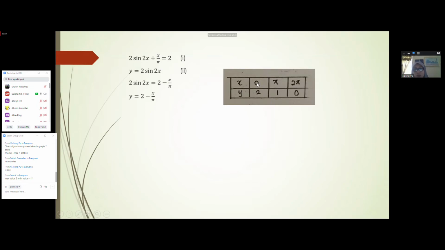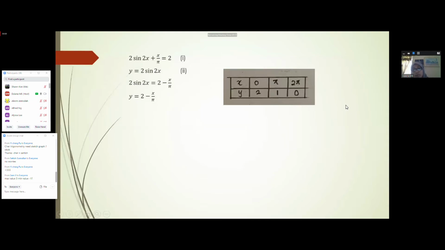So substitute x equals 0 here. If x is 0, this one is 0, so y equals 2 minus 0, that's why I got 2. Substitute x equals pi here, so pi over pi is 1, so 2 minus 1 is 1. And substitute x as 2 pi here, so 2 pi over pi is 2, 2 minus 2 is 0.